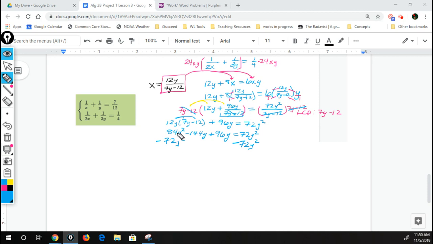And then if my subtraction is good, I get a 12y squared. And then I do have these common terms here. Negative 144 plus 96 is a negative 48y equaling 0. So as a reminder, to solve quadratics, it has to be equaling 0 because we'll be solving for that x-intercept.